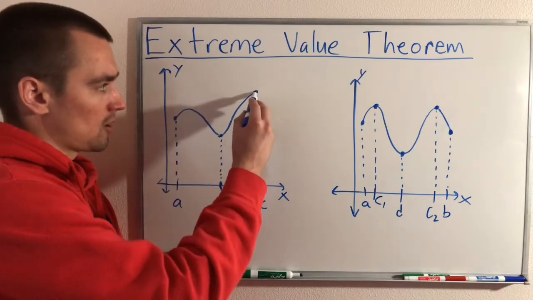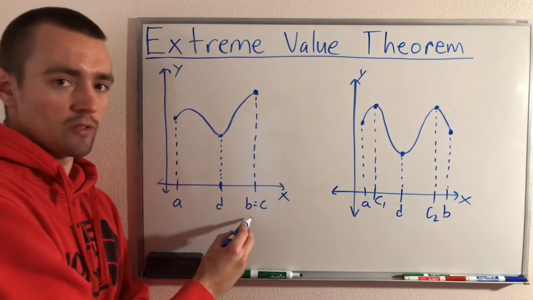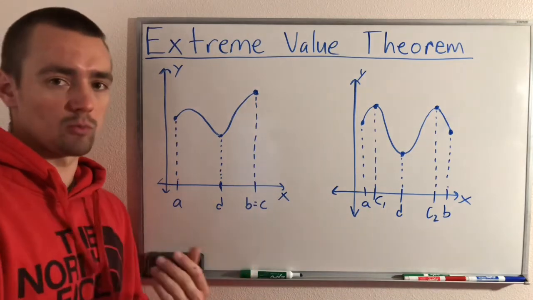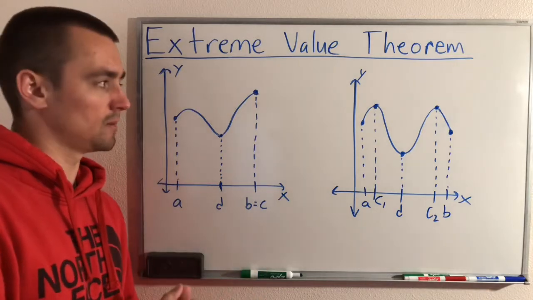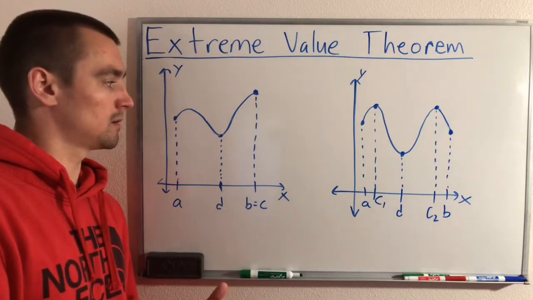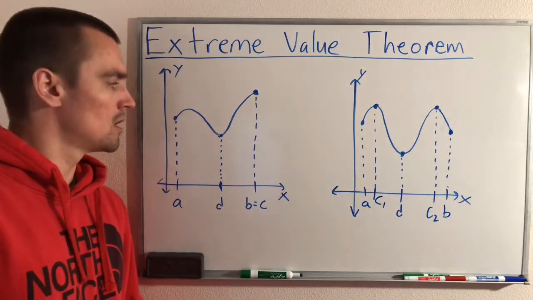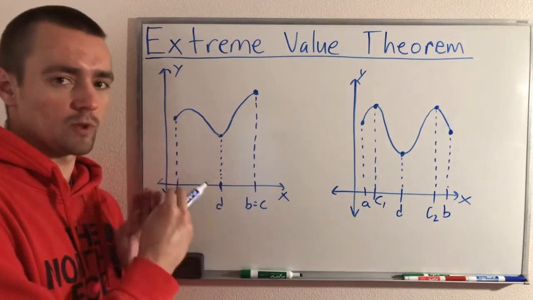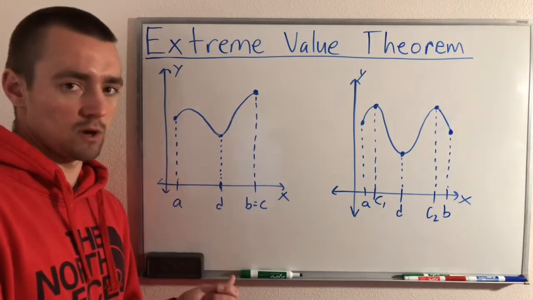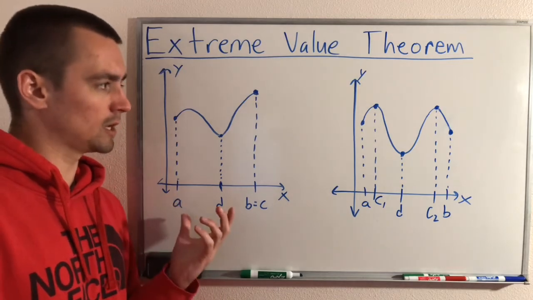And then we can see our absolute maximum would be right here, which just so happens to be on the endpoint. So it is possible that your global maximum or minimum would be one of these endpoints, either a or b, or it is possible that both endpoints are an absolute max or min. But since this is continuous on this whole closed interval, we know that there is a global maximum and minimum within that domain.